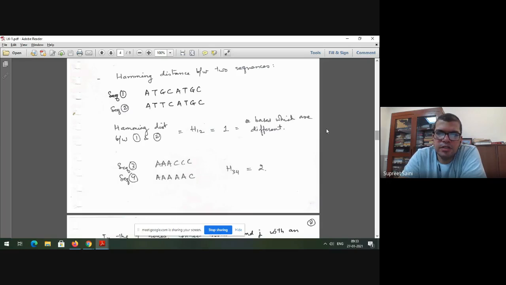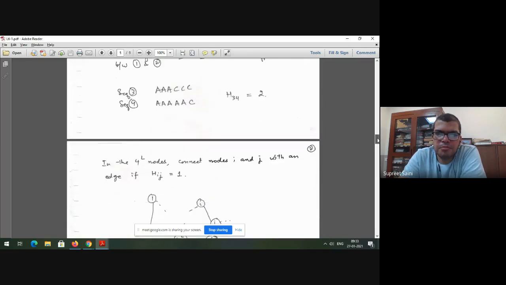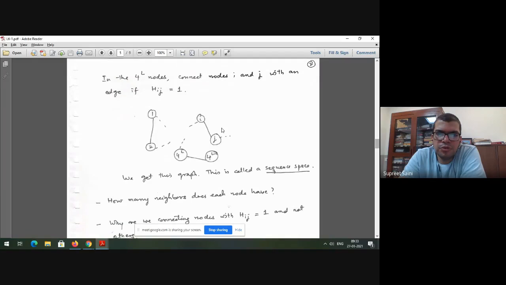We needed the Hamming distance concept because we want to connect node i and j if the Hamming distance between them is equal to 1. If it's anything other than 1, we don't want to connect them.